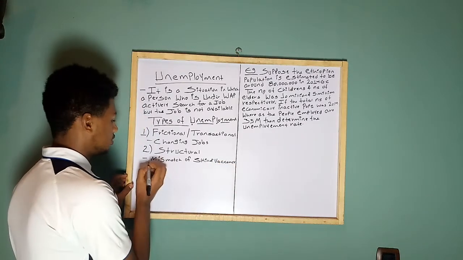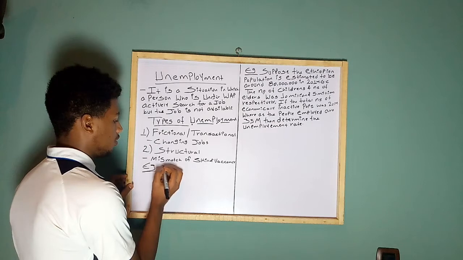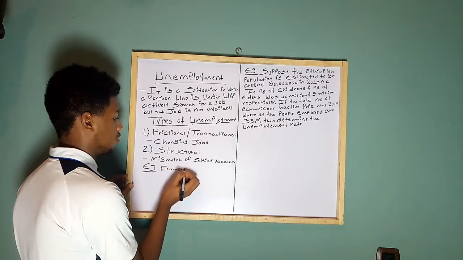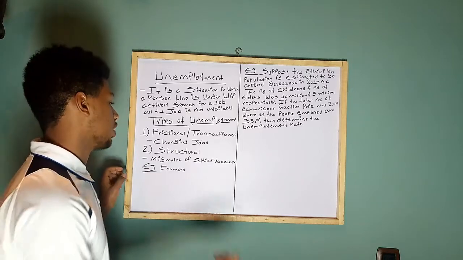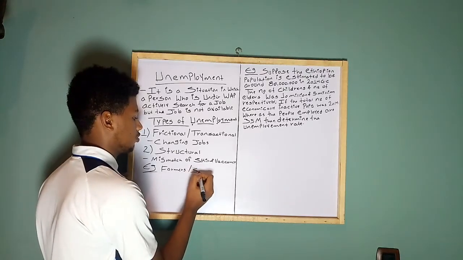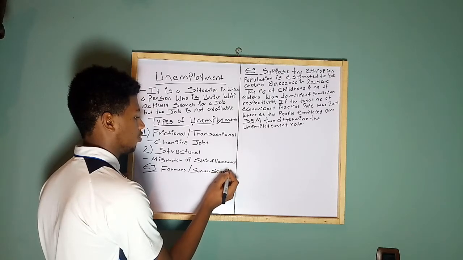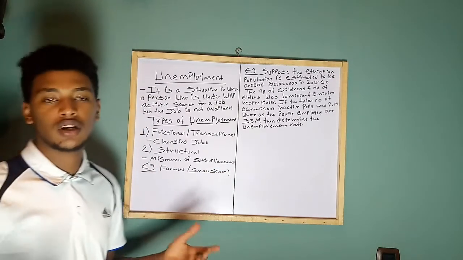For example, let's see this one. Farmers working on a small scale or in a traditional way.